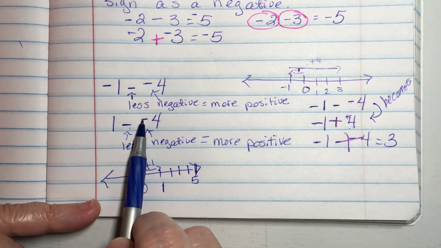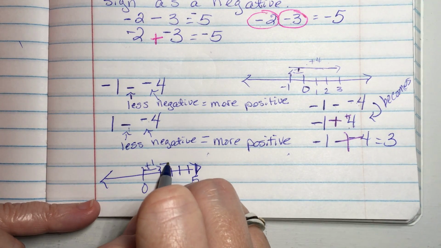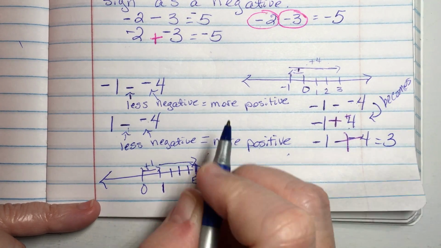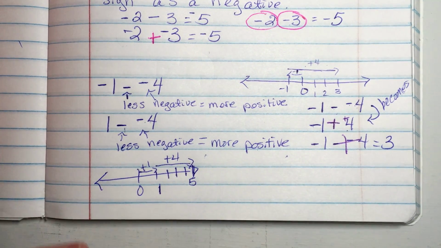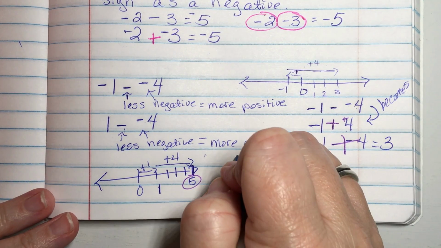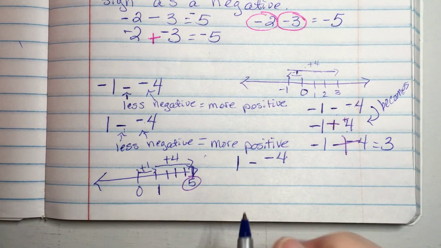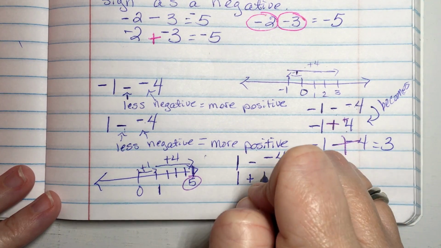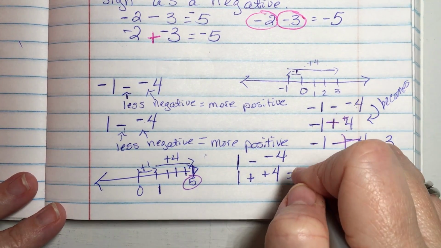I want to get less negative, so I want to get more positive by 4. So 1 plus 4 is, remember where you end up is your answer, 5. Again, less negative by 4 means I want to get more positive by 4, and 1 plus 4 is 5.